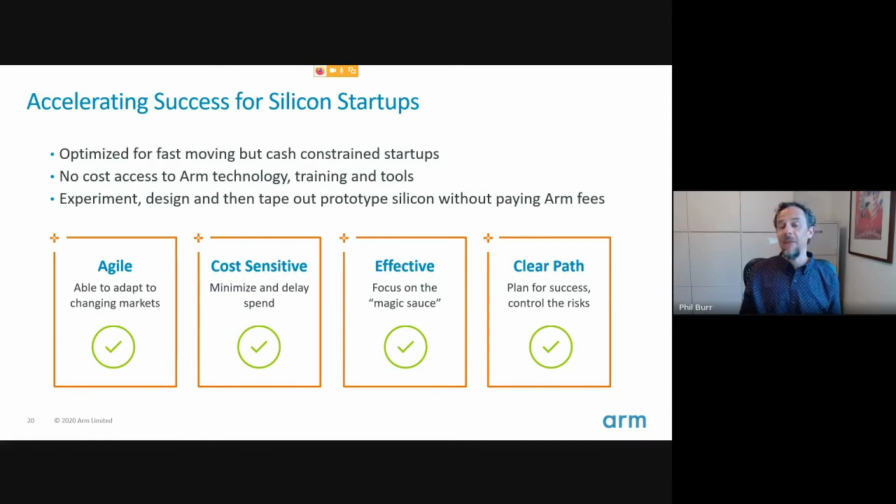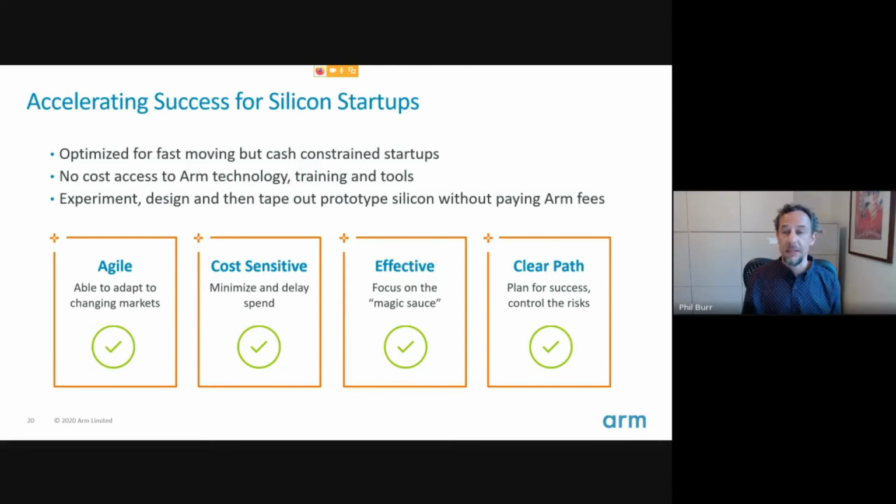So we believe that as a startup, startups need to be agile. They need to be able to experiment, try ideas, and pivot when needed in that early phase. And by giving access to that really broad set of technology, we allow startups to do that.